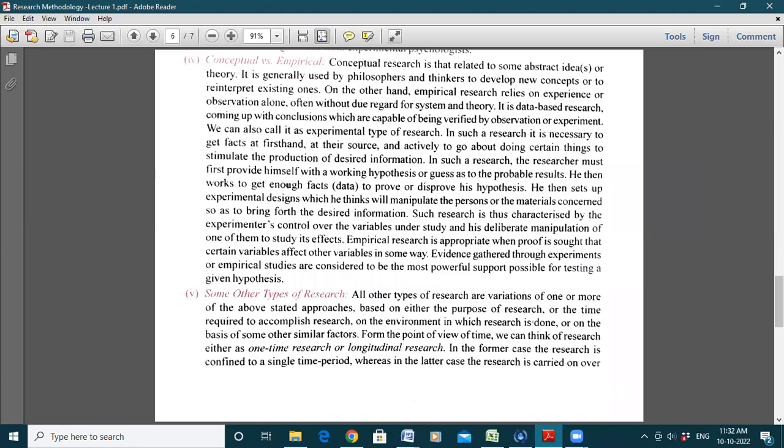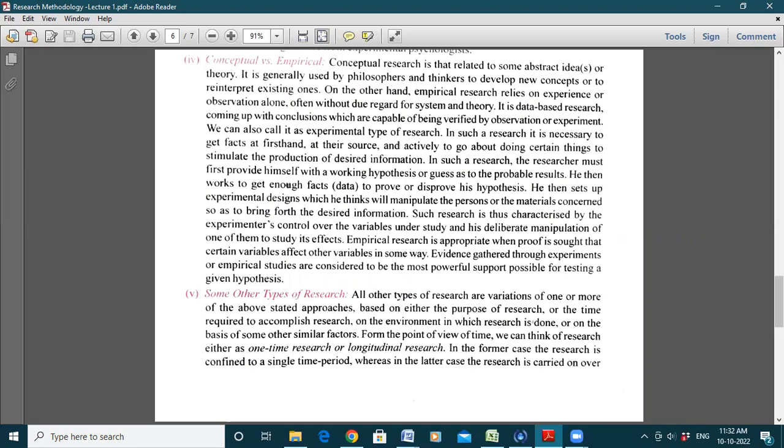Then conceptual versus empirical research. Conceptual research is related to some abstract idea or theory, generally used by philosophers and thinkers to develop new concepts or to reinterpret existing ones, while empirical research relies on experience or observation alone without due regard for system and theory.